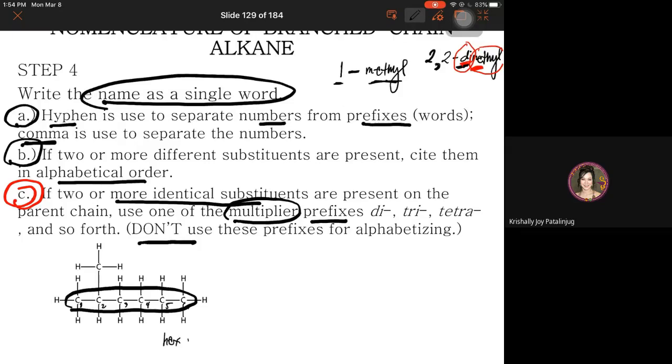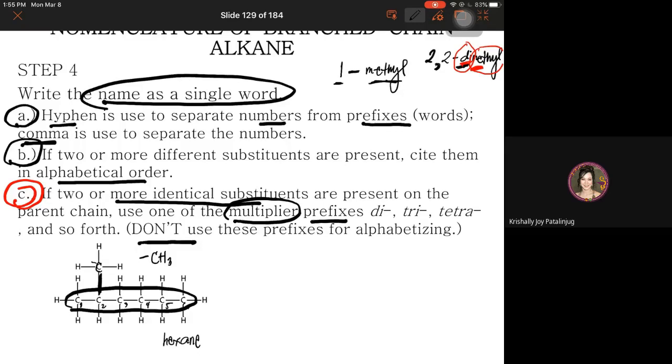Take note, the parent is hexane, applying step 1. Now, on carbon 2, there is a CH3, just a condensed structure. That is just CH3.